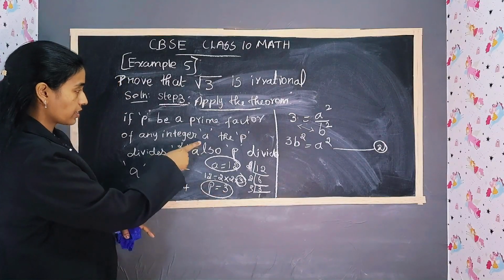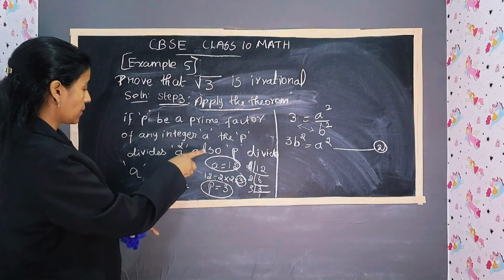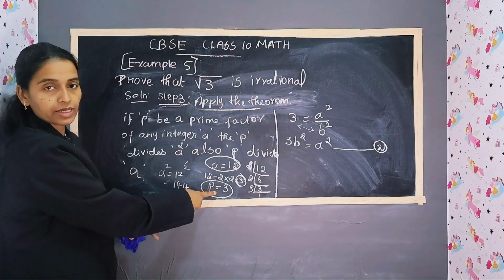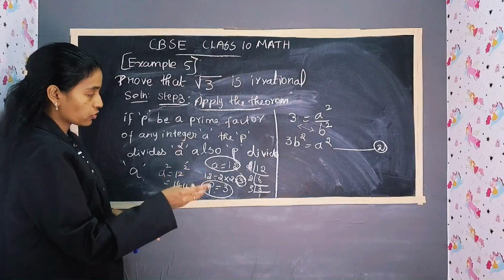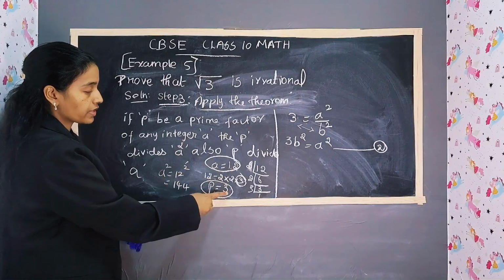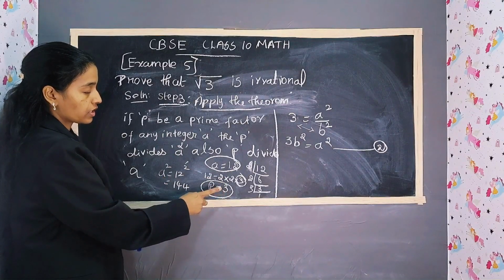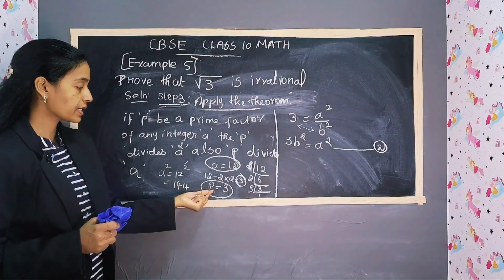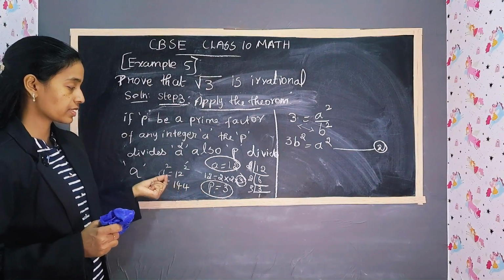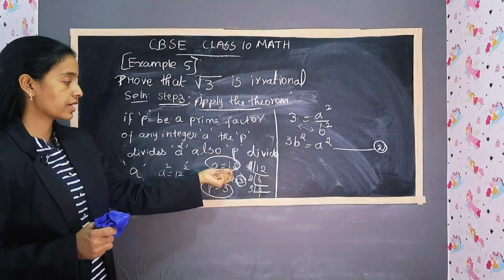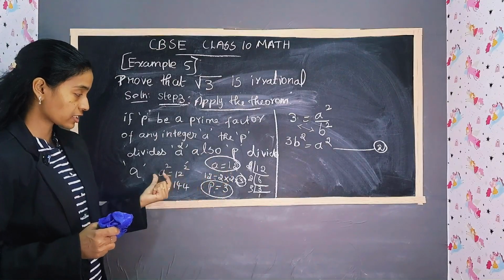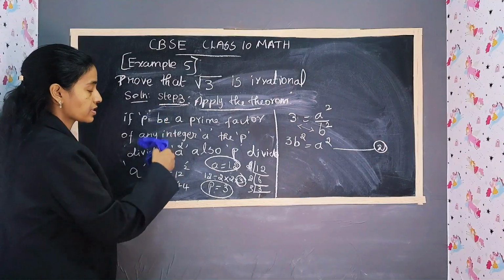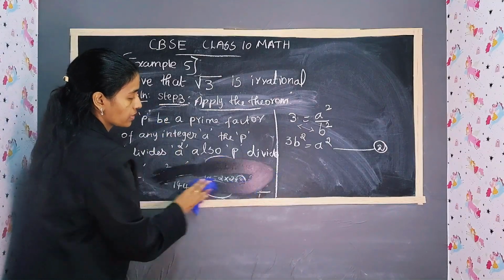Here the statement is P divides A square. We can divide this 144 by 3 completely. You can check it out. And you can divide 12 by 3 completely. So here P divides 144, that is A square. P divides A square and P divides A also.